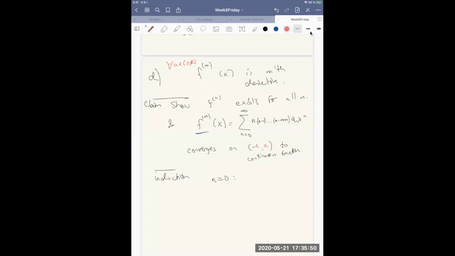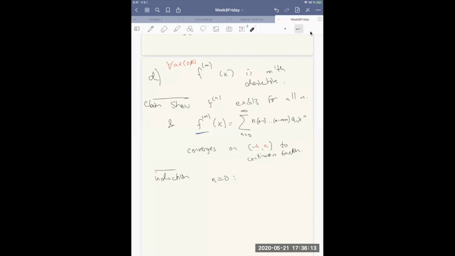So how do we show this smoothness? So the existence of infinitely many derivatives. Well, the most difficult case is actually showing that you have one derivative. Because once you have one derivative and you have the formula with a power series, then you have the same radius of convergence as before, and you can iterate this idea to get the second derivative.